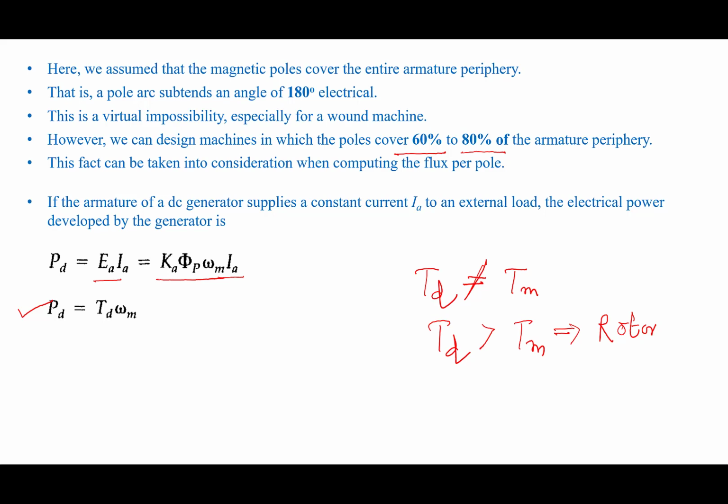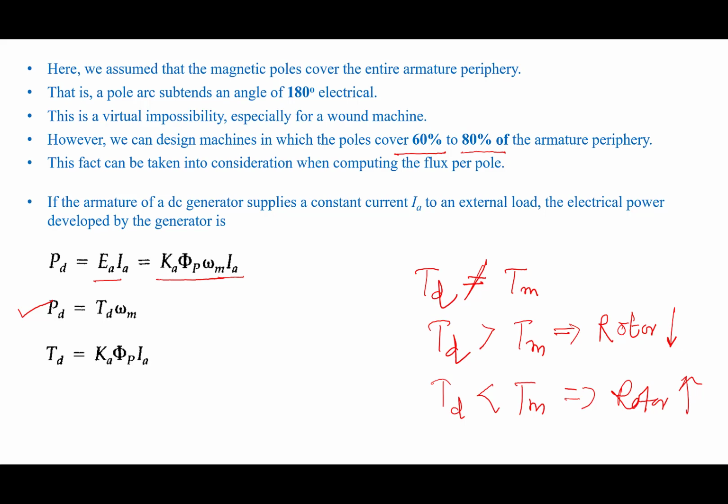The rotor will decelerate. When Td is less than Tm, the rotor will accelerate. If it gets lesser and lesser, the machine becomes unstable because of this phenomenon.